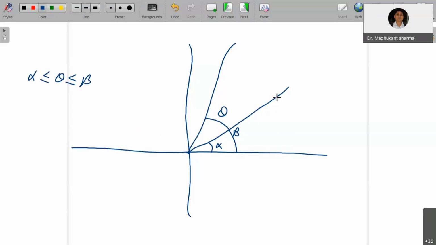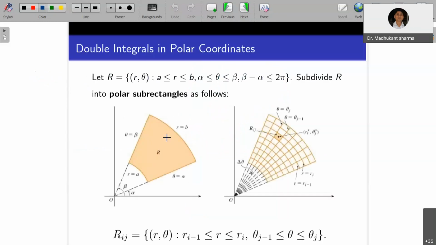Now you have the distance, this is r. You can have an r limit as well, right?